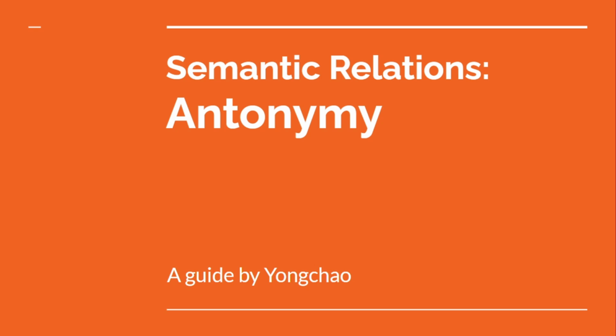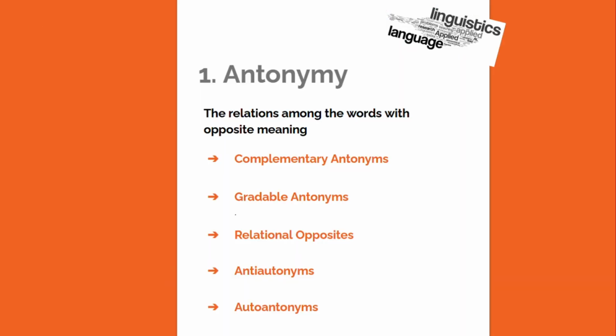I want to talk about antonymy of semantic relations. The term antonymy, generally speaking, is a study of relations among words that are opposites. In today's topic, we are going through 5 concepts of antonymy.